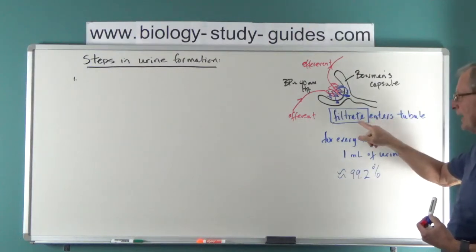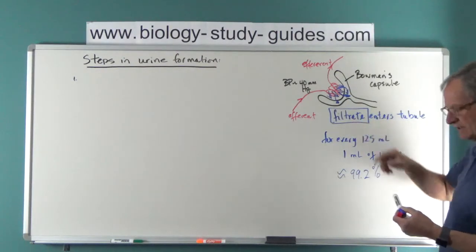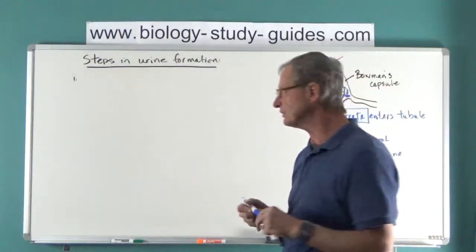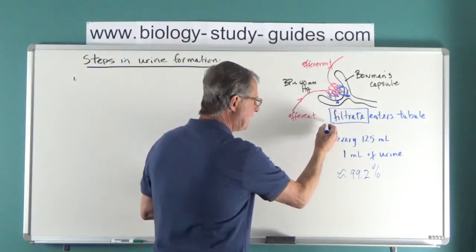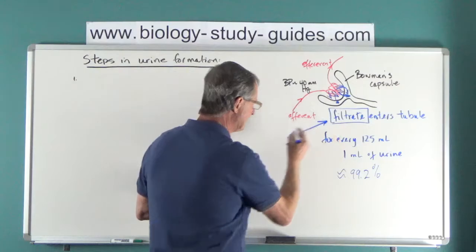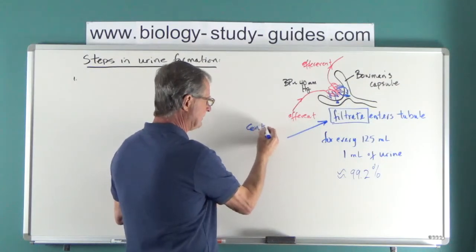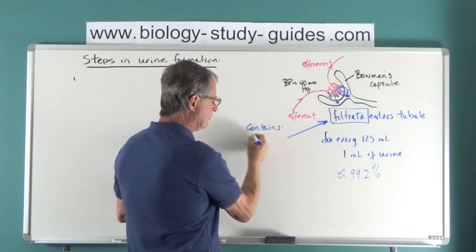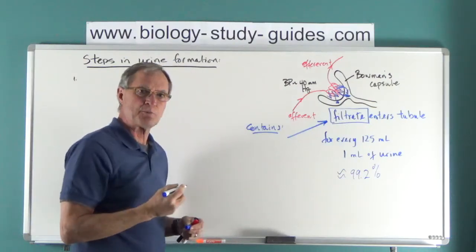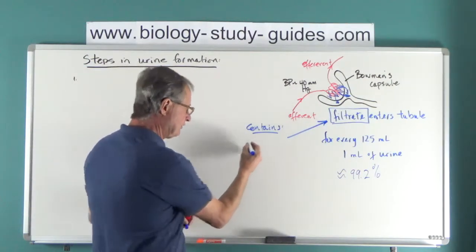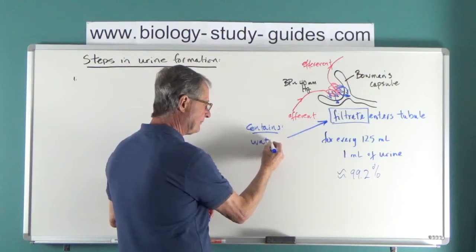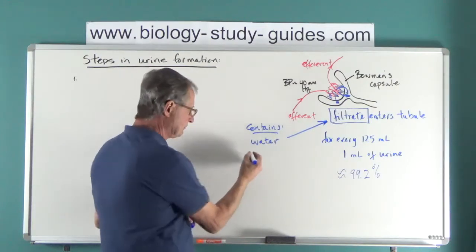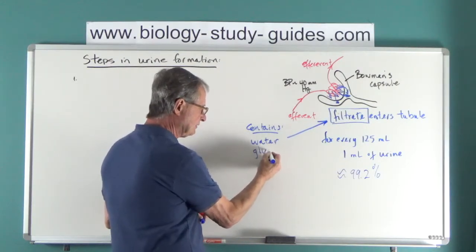One thing we have to look at is what exactly is in the filtrate. What gets filtered out? The filtrate contains quite simply anything that's small enough to get filtered out. Certainly a lot of water, glucose, blood sugar, it gets filtered out.